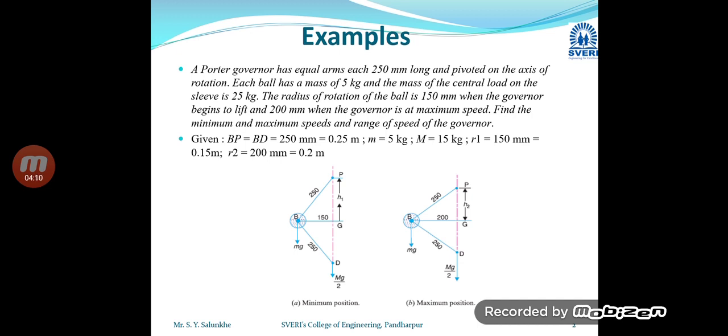of 250 millimeter. Now as we have already seen, the units are very important. When we use g, the gravitational acceleration, we are going to use 9.81, and the unit of g is meter per second square.